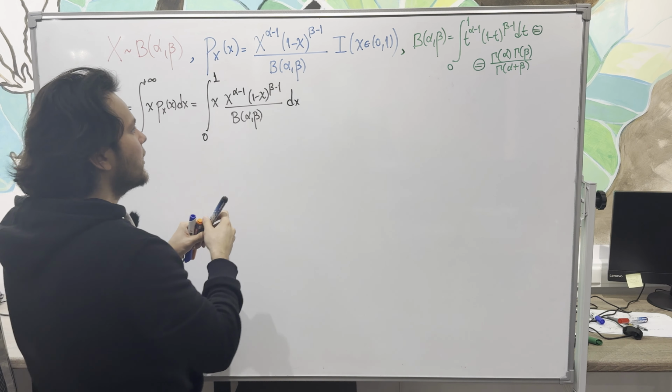Okay, so this is very easy to see if we remember that if alpha is an integer, the gamma function of alpha plus 1 will be equal to alpha factorial if alpha is a positive integer, right? So it's clear that since here we'll have alpha factorial, then here we'll have alpha times alpha minus 1 factorial.